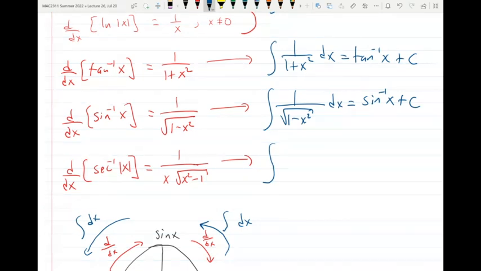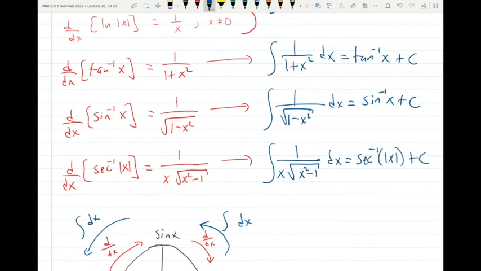So when you integrate this, normally you have the absolute value here for the derivative formula, but you can transfer that to here. So an antiderivative of this function is this one with the absolute value over here. Okay? So this is the formula. This is the inverse secant of absolute value of x plus C.